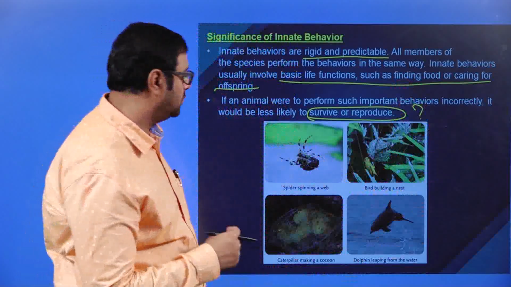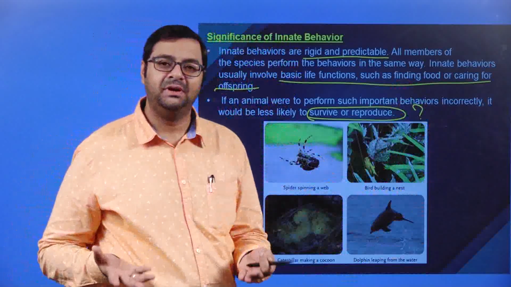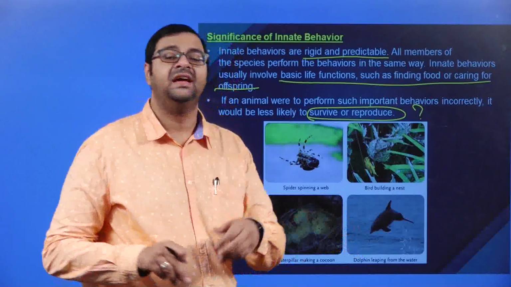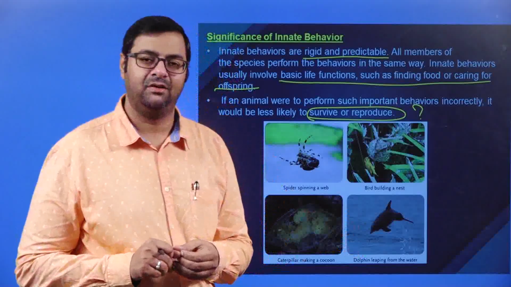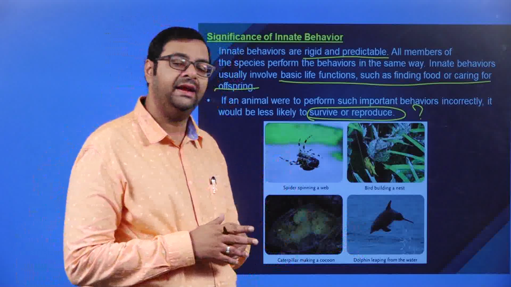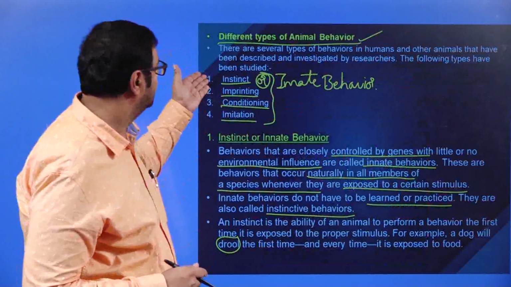So the spider has to spin a web, a bird has to build a nest, a caterpillar has to make a cocoon, and a dolphin has to leap out of the water. That is their instinct, or innate behavior. I hope you understood these two, instinct or innate.